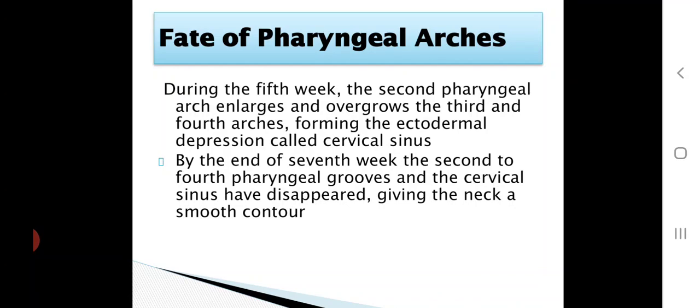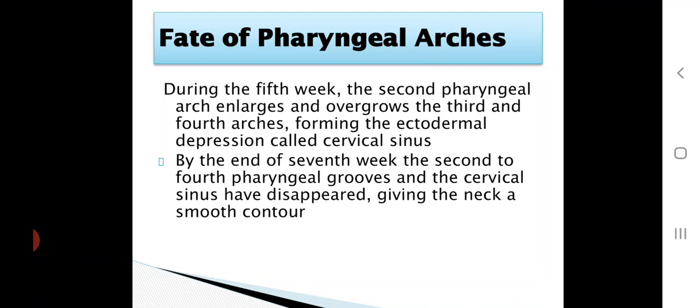When I say pharyngeal clefts, you should ask me a question: how are these clefts not visible in the head and neck region in the adult? Yes, these clefts are not visible except our external acoustic meatus. How does this happen?